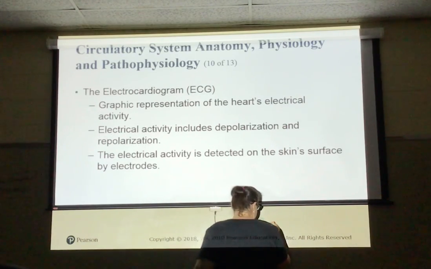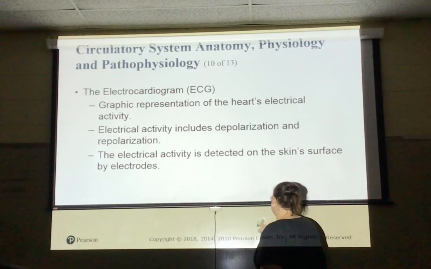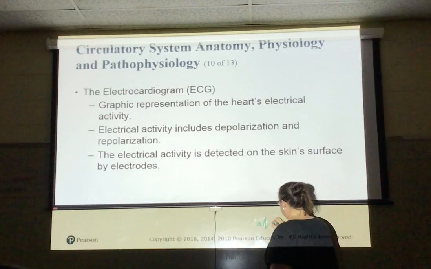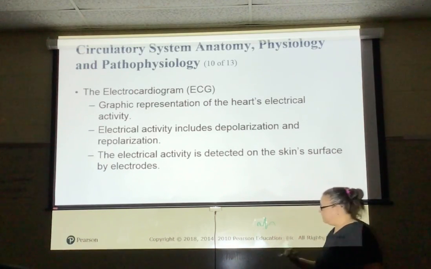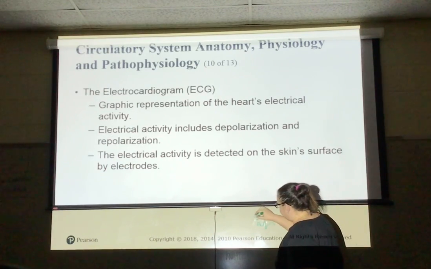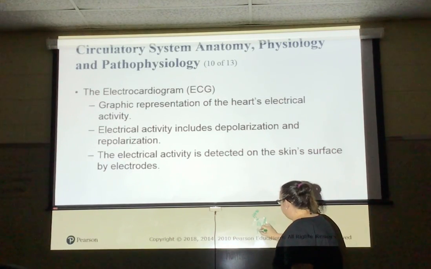All right, you have a P wave. That's a little big. You have a P wave, then you have your QRS, and you have your T wave. This is your atria contracting. This is a P wave.